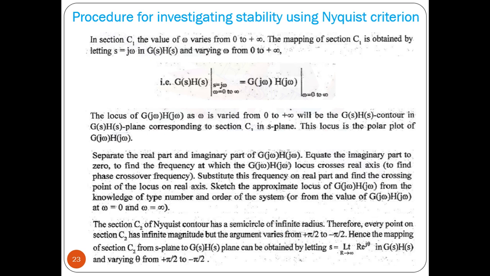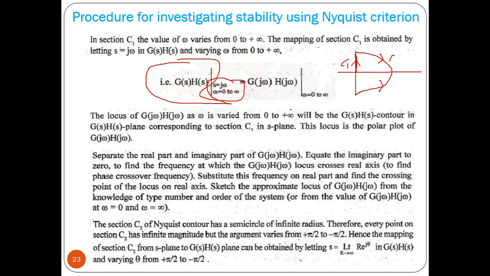Now let me just tell you the points of C1, C2, C3. C1 means you have to go from 0 to infinity. So whatever the open loop transfer function, we have to put S equal to j omega, with omega equal to 0 to infinity. Then we can get this plot. Then for this C2 range, we have to put the S value equal to R e to the power j theta, R tends to infinity.